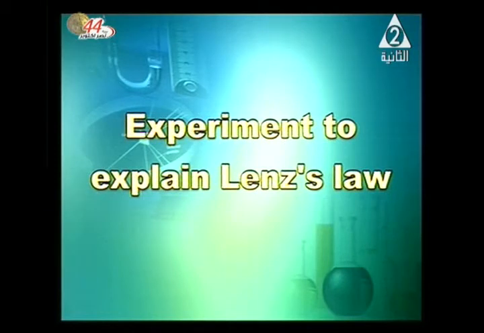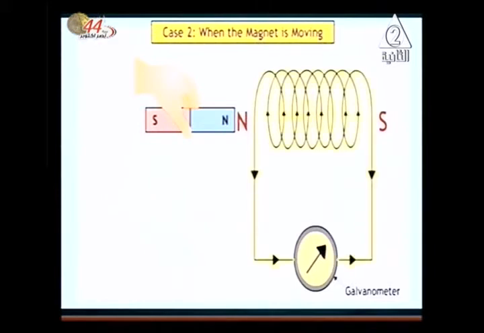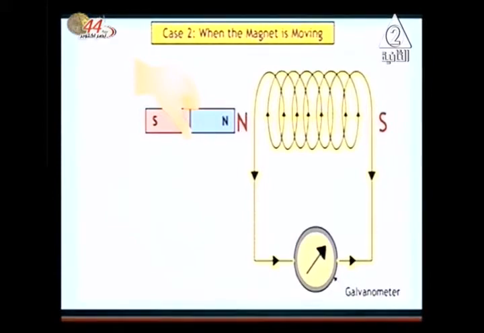Experiment to explain Lenz's law. Here in front of you we've got a coil of many turns connected to a center zero galvanometer. A magnet is plunged into the coil with the north pole facing the coil.